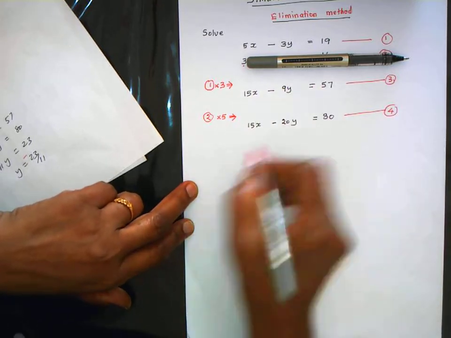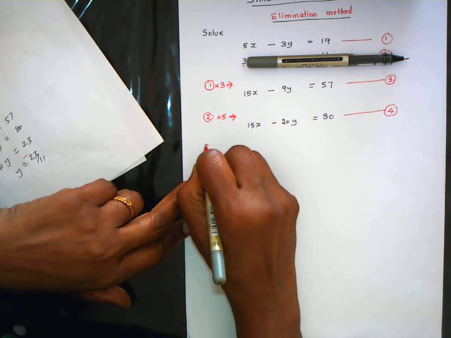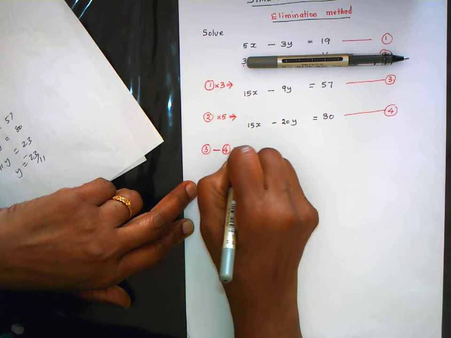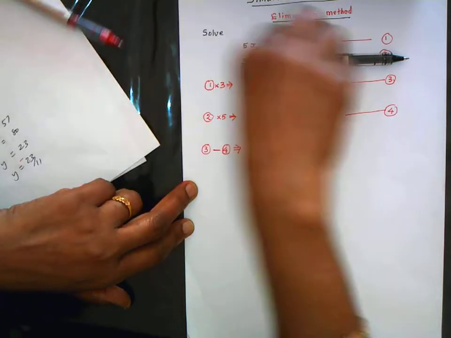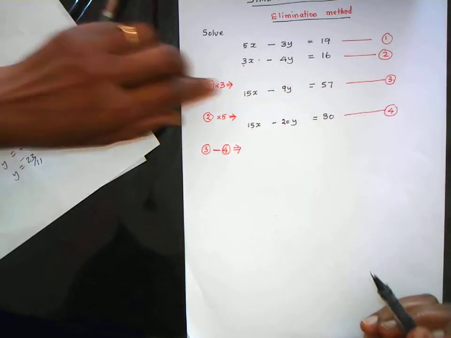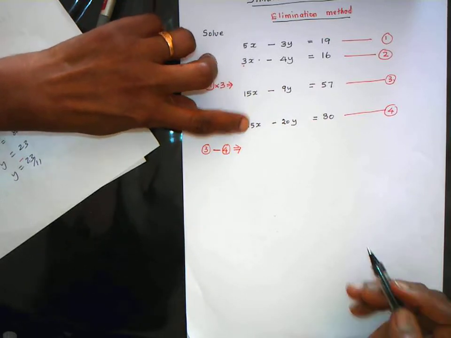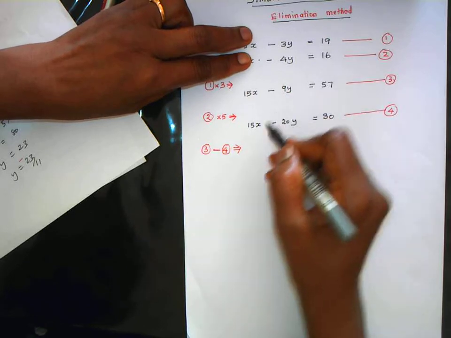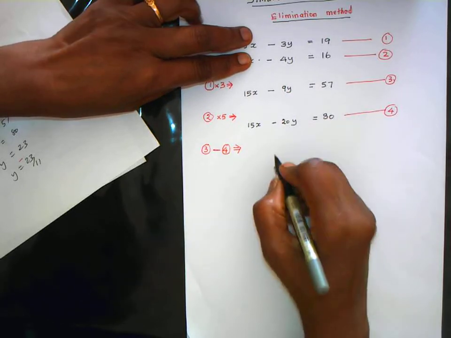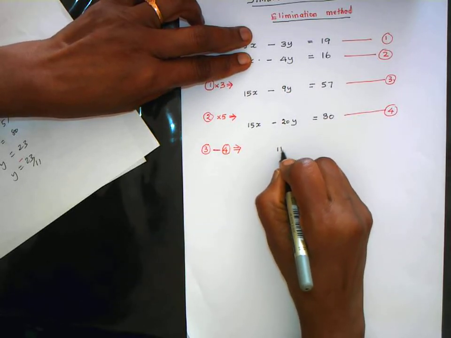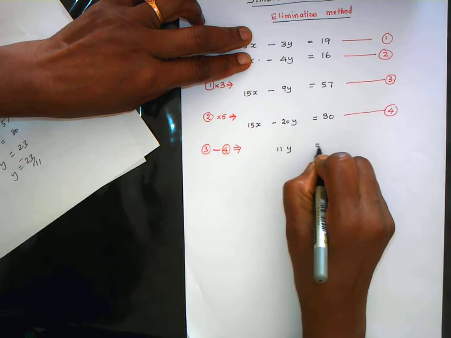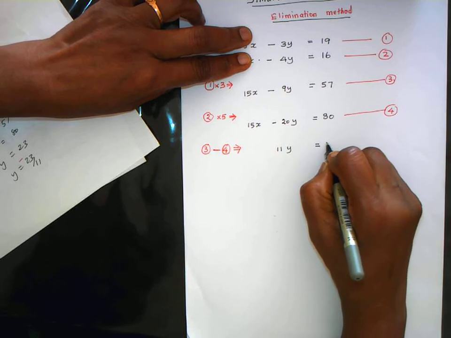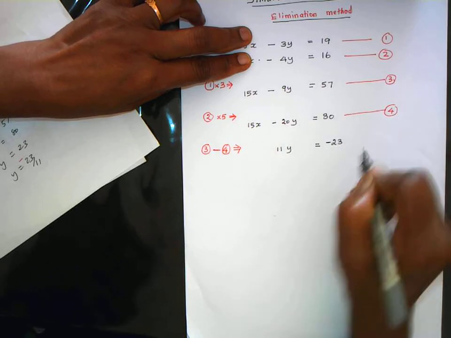So what I'm going to do is equation 3 take away equation 4, which gives me the following. I have to look at it term by term. 15x take away 15x is nothing. Then minus 9y take away minus 20y gives you 11y, equal to 57 take away 80, which is minus 23.